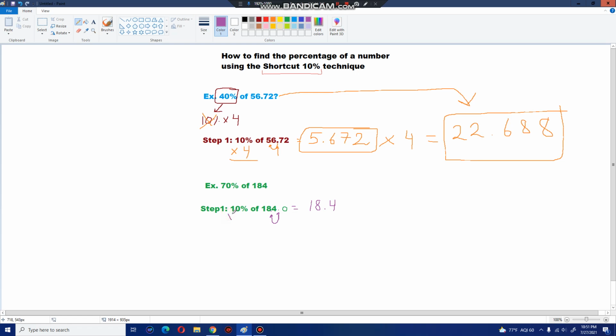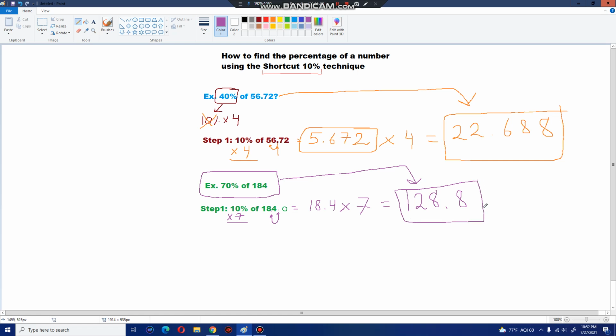Well, I have to do 10 multiplied by 7 because 10 times 7 gives me 70. If I multiply this side by 7, then I multiply the answer by 7 as well. So 18.4 multiplied by 7 is 128.8. And that is 70% of 184. That is the answer, using the shortcut 10% technique right there.